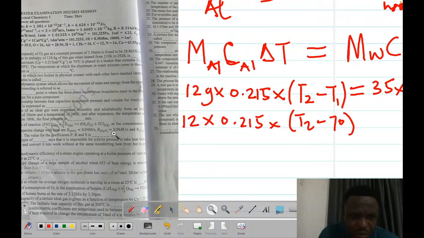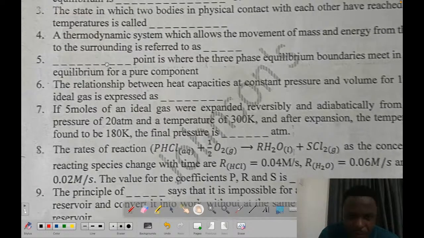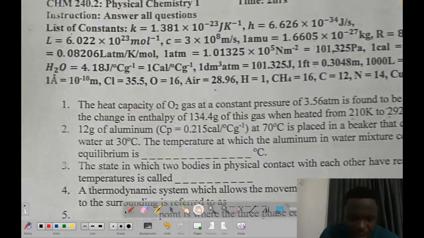They gave us the value of this, that of water to be 1 calorie. This is the specific heat capacity of water, the one we are going to use. Because aluminum, they give us in calories. So I'm going to use calorie as well for that of water. So I'm going to use 1 calorie per degree Celsius per gram.